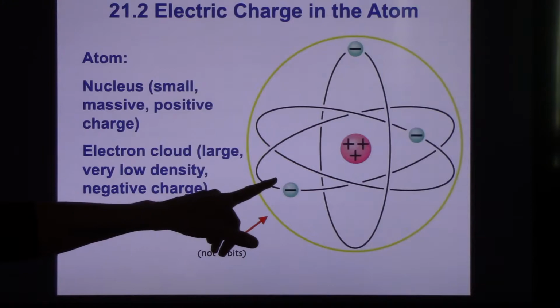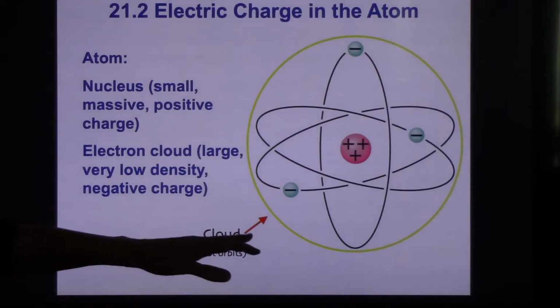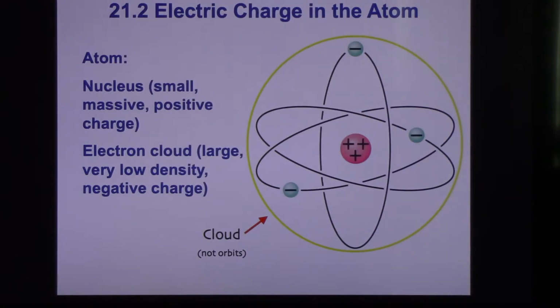Individual electrons have a probability of being in many different locations at any given time. So we have to think of electrons as forming kind of a probability cloud.